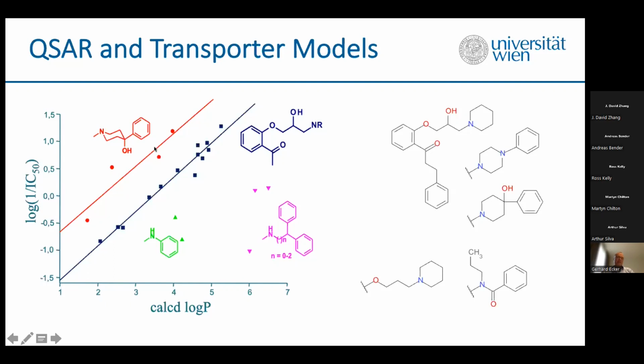Regardless of what you're doing on the structure, when you have this hydroxyphenylpiperidine, you gain a factor of 10 in relation to the lipophilicity of the compound. And we use this sort of information to finally select the data set of compounds, which we then would like, I'm sorry, I just need to make that a bit smaller here. Yeah, much better.